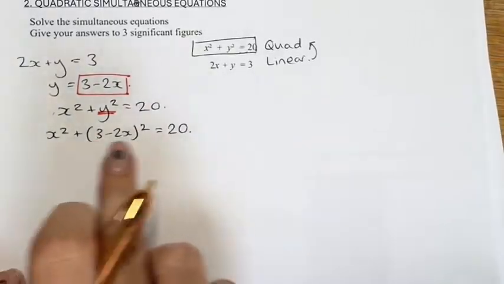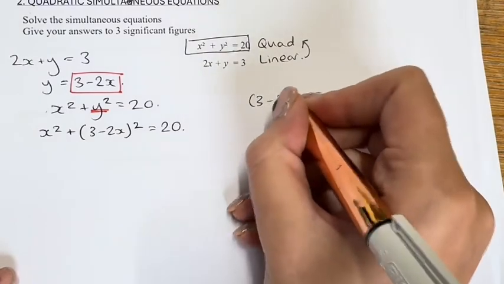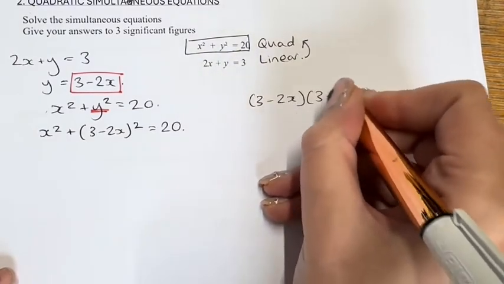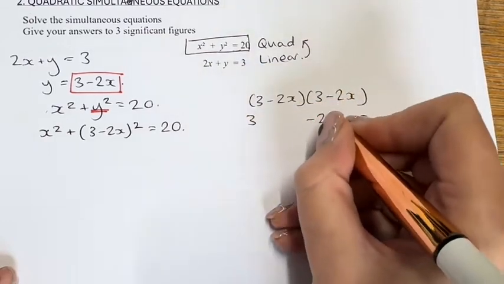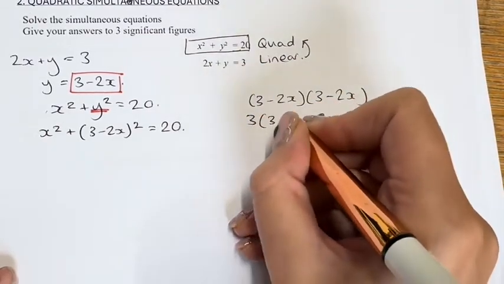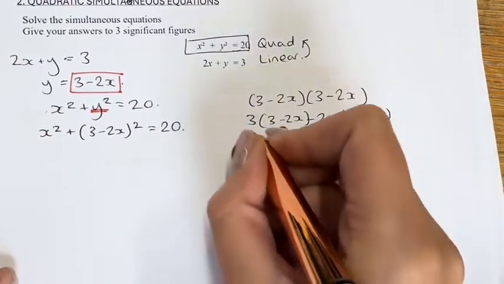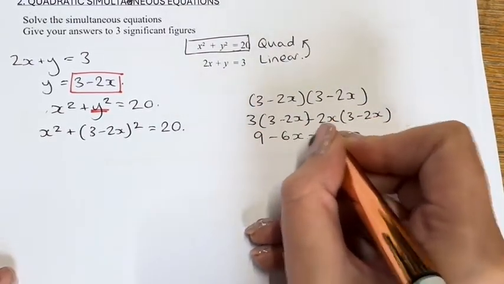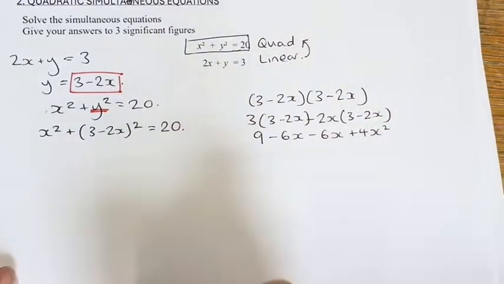Now I'm going to expand this bracket over here because I don't want to confuse myself. So I'm going to split my first bracket up, write my second bracket twice. 9 minus 6x minus 6x plus 4x squared.